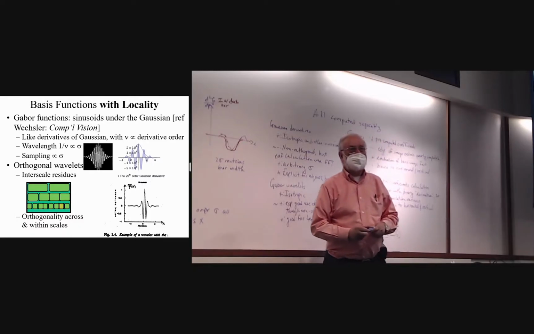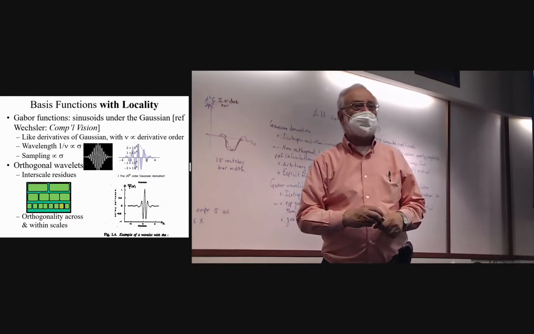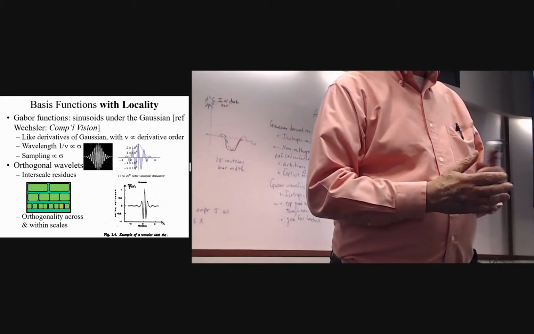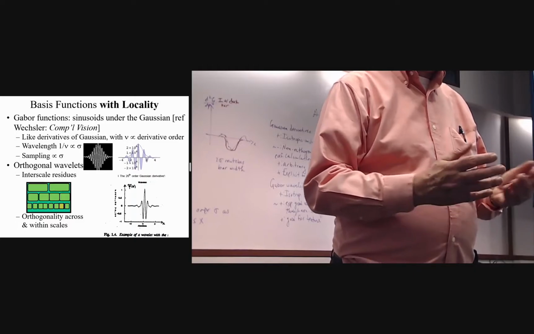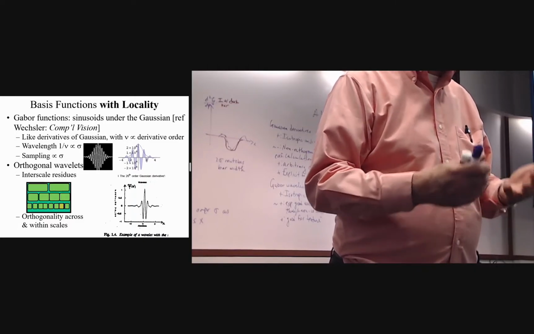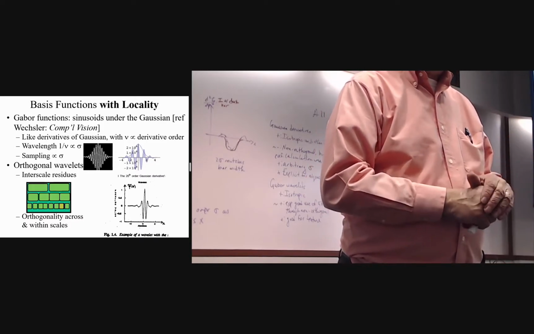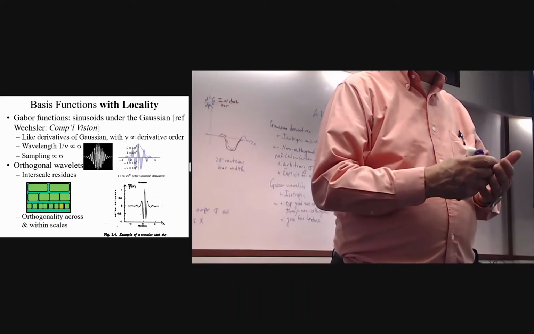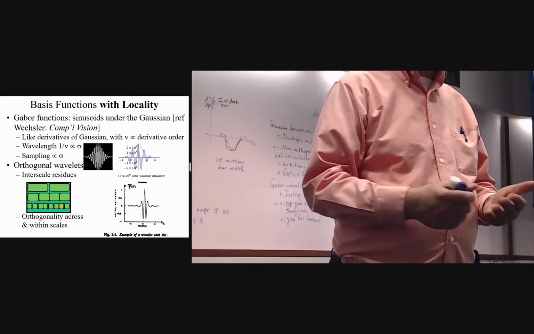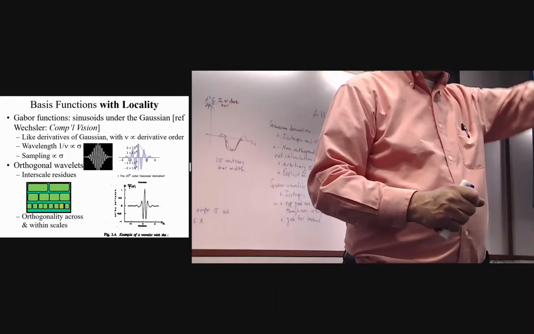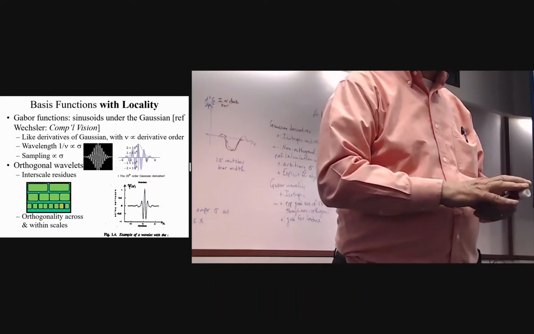So realize when you have an explicit function like a polynomial or specific sinusoids, you can evaluate those not just, let's say, at the pixel centers or at the aperture centers if you're in a locality, but at any place.